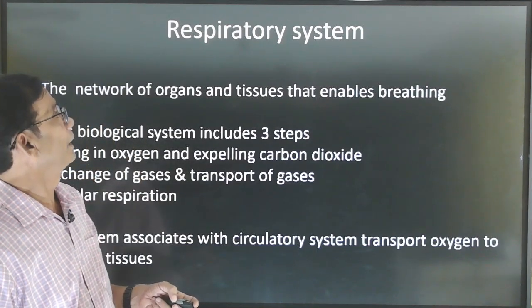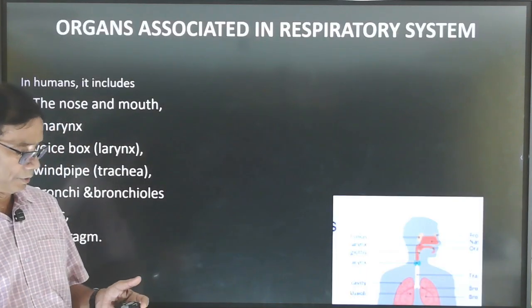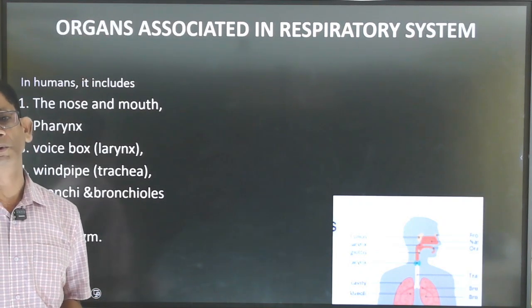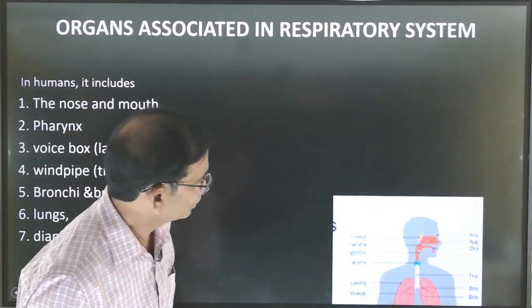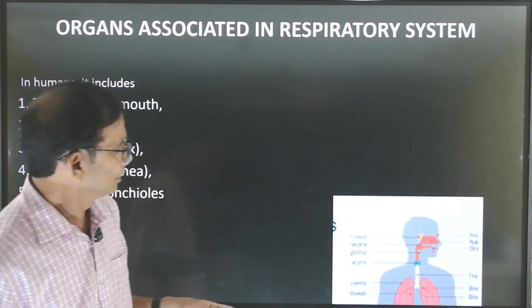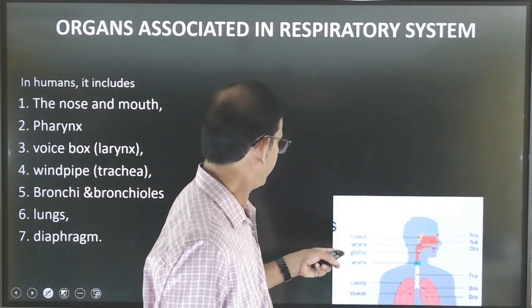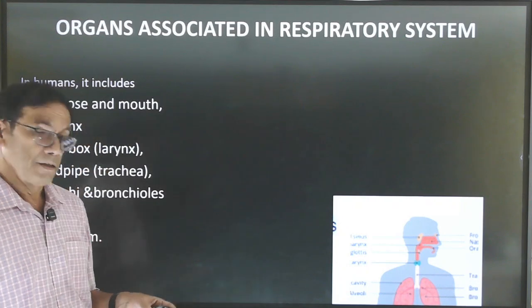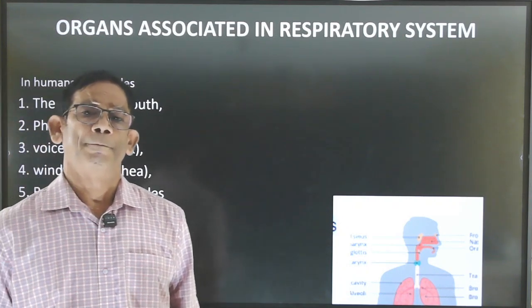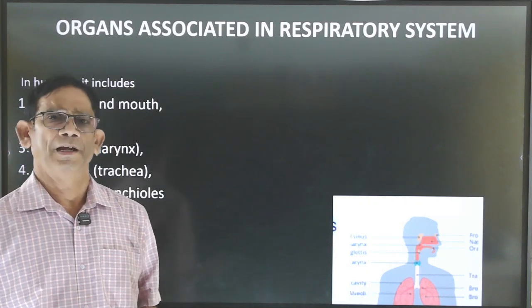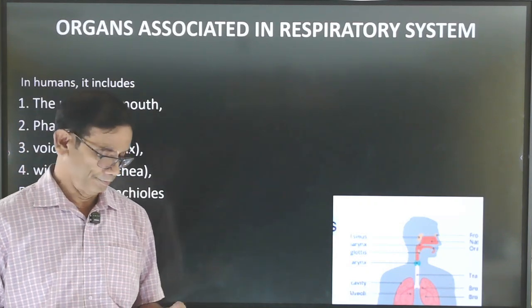The organs associated with respiration are the nose, mouth, pharynx, larynx, trachea, bronchi, bronchioles, alveoli, lungs and diaphragm.